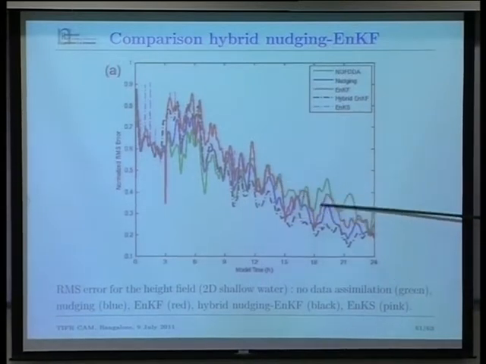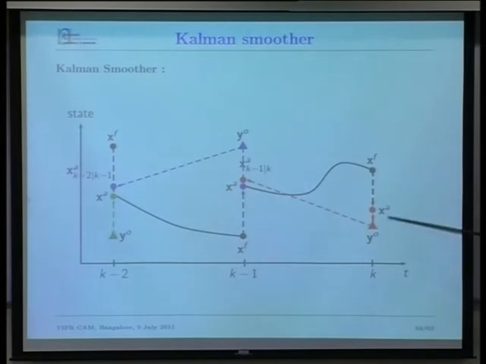The nudging is in blue, so it's better, and it can be better sometimes than the ensemble Kalman filter. The ensemble Kalman smoother is almost like the ensemble Kalman filter because they use only one time step correction. They didn't use 2 or 3 or 4, so the correction here is quite small.